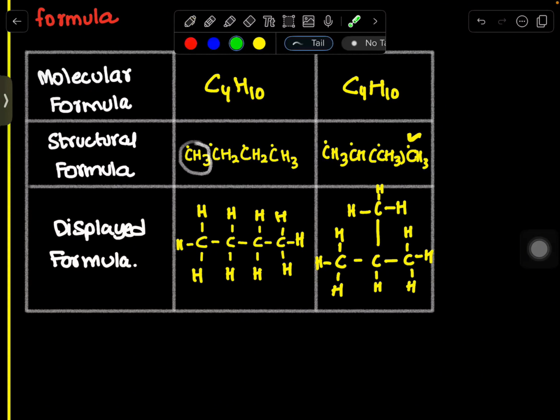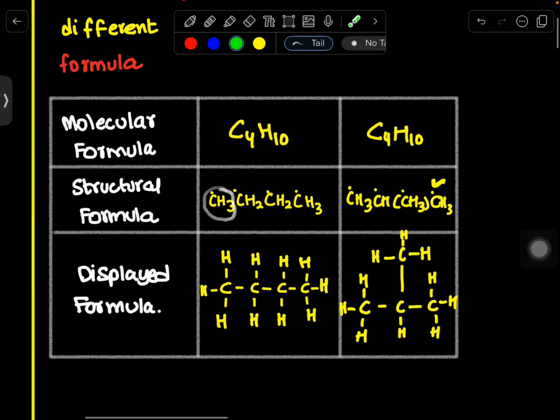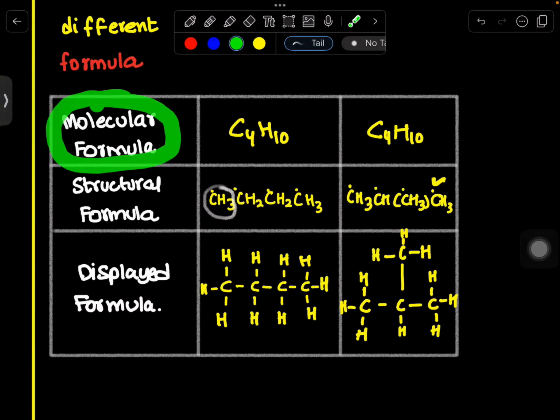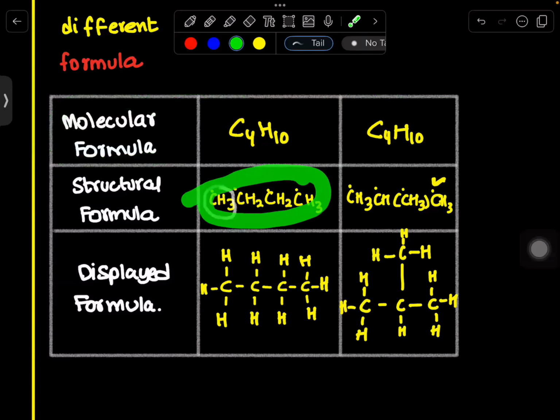So what happens here? 1, 2, 3 CH3s on a single carbon. Is that clear? Yes, ma'am. Now, you see how even though the molecular formula is the same for both of them, their structures are different, and the displayed formula helps us understand the difference in their structures with more transparency.